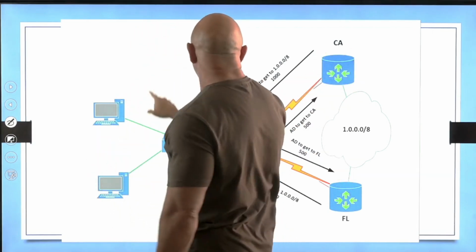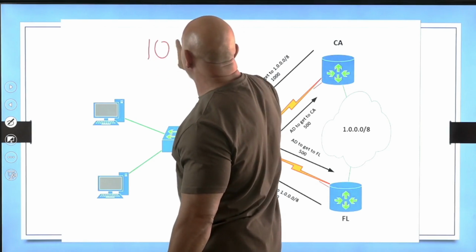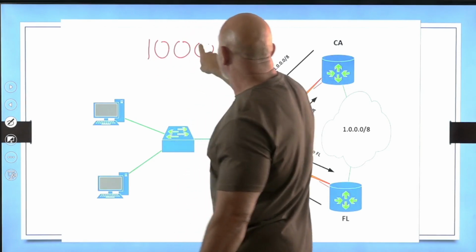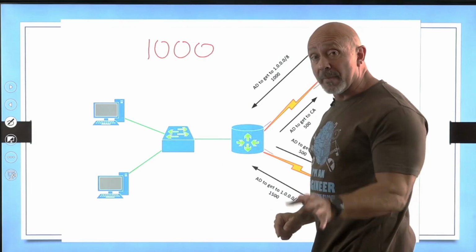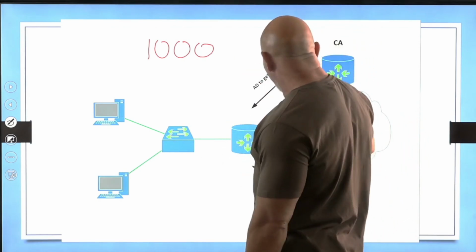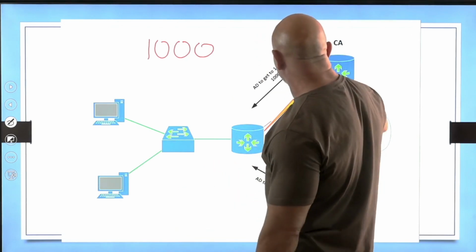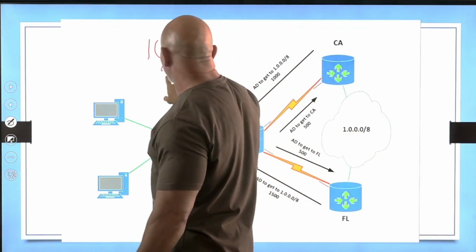Well, I'm going to take that 1,000 that my neighbor is advertising to me. That is the advertised distance, not the administrative distance, but the advertised distance, plus my metric to get to California, which is 500.